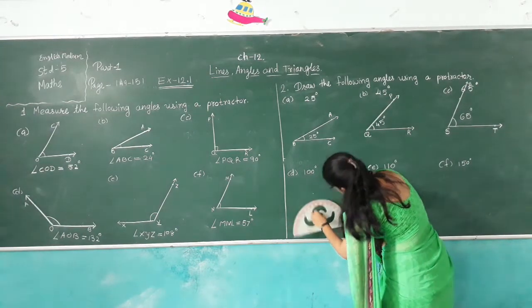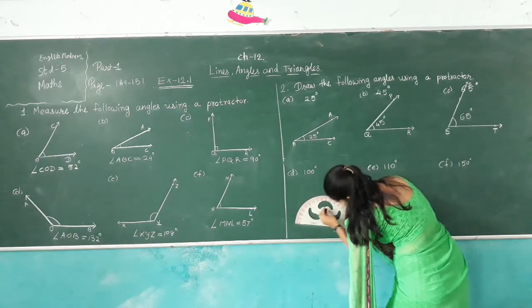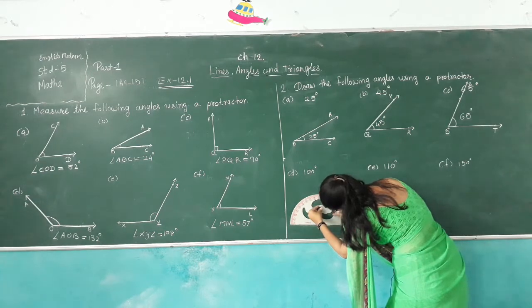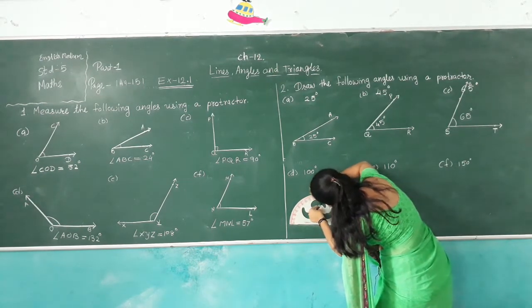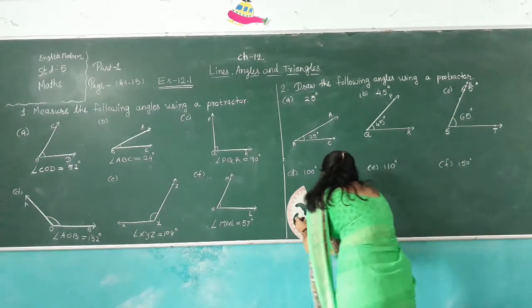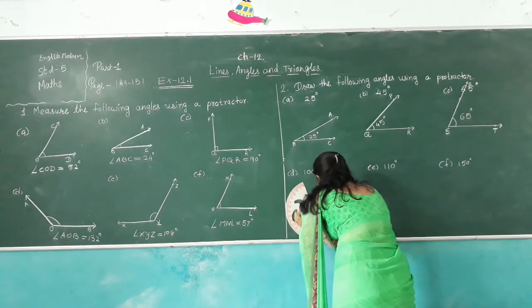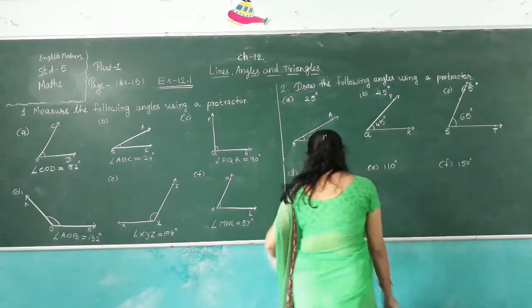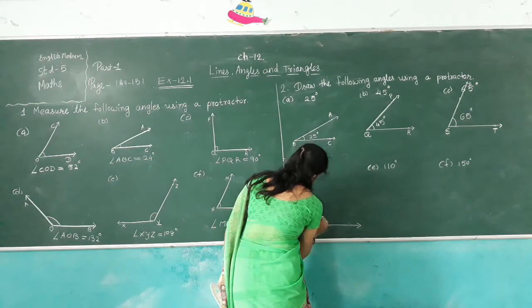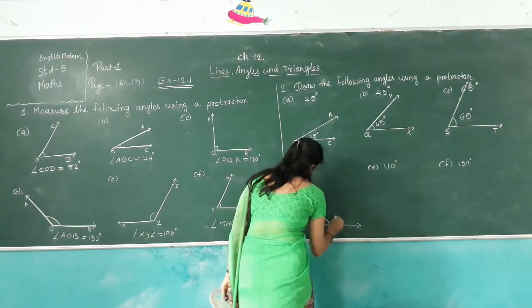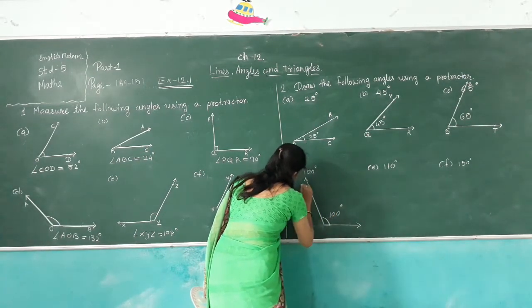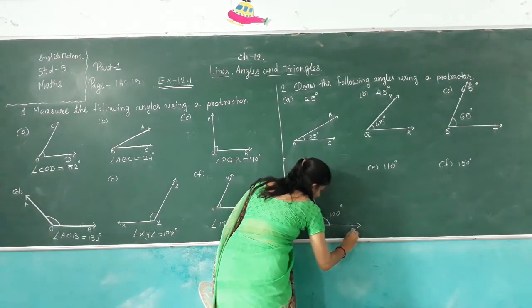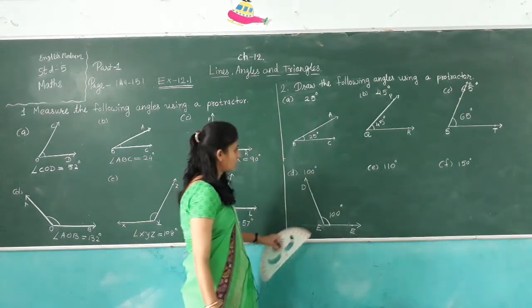Put a dot here and join it. So this angle's measurement is 100 degrees. Give the names D, E and F. Angle DEF measurement is 100.